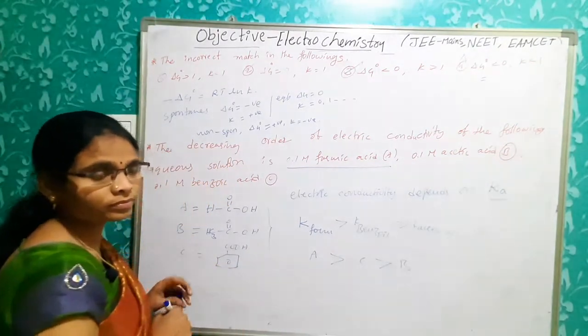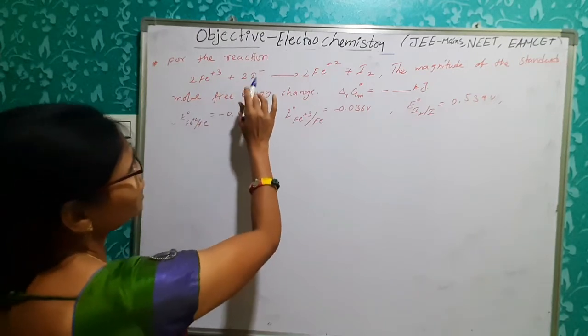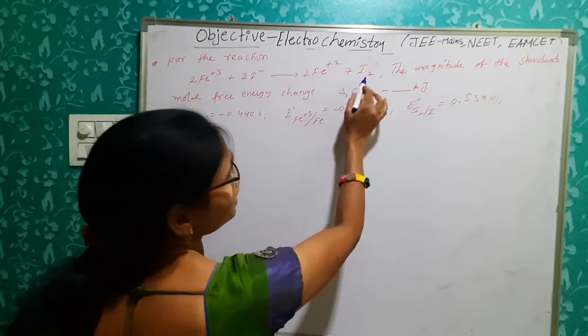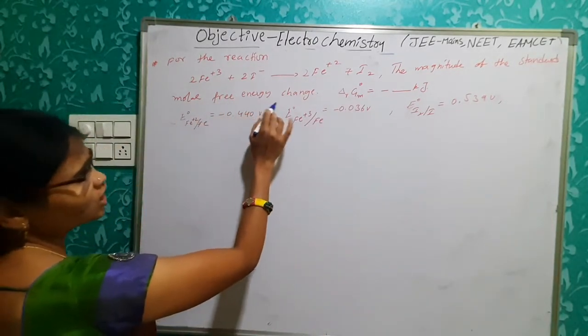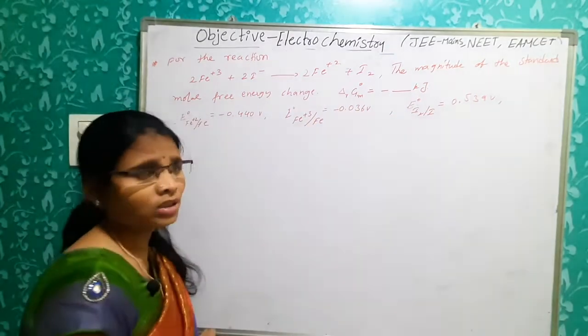Clear? Next, for the reaction 2Fe³⁺ + 2I⁻ gives rise to 2Fe²⁺ + I₂, find the magnitude of the standard molar free energy change ΔG° in kilojoules.